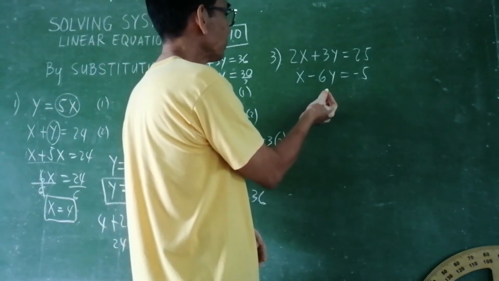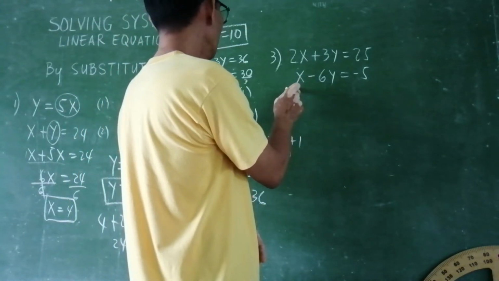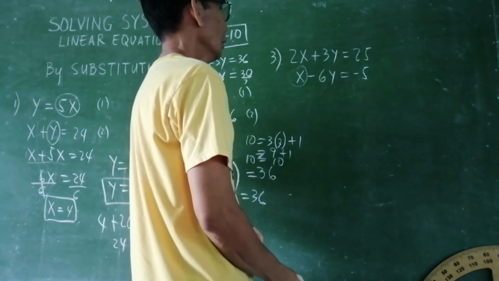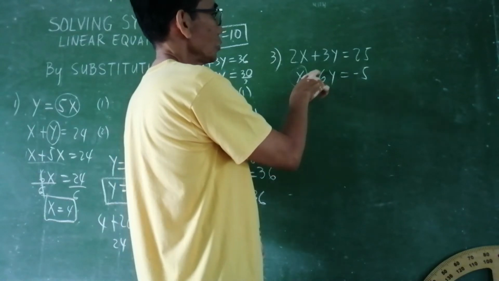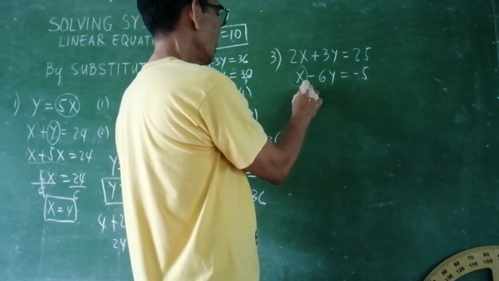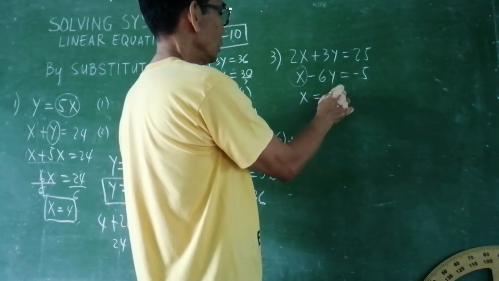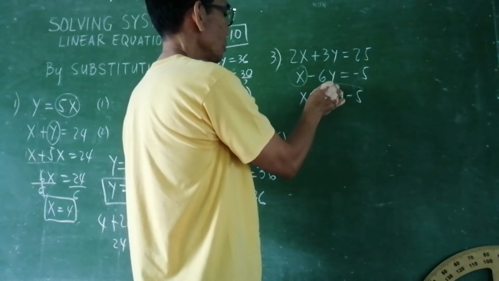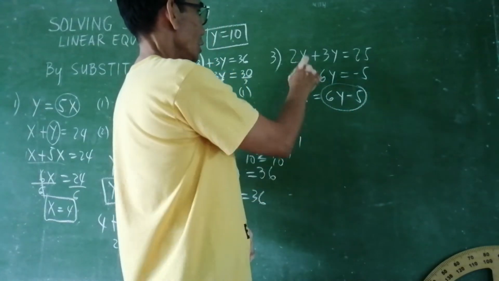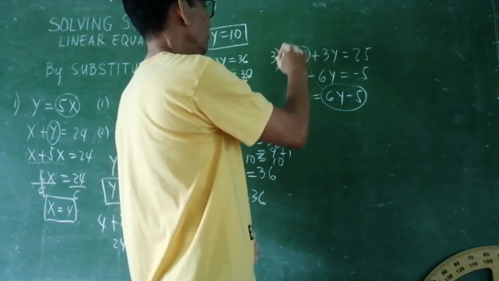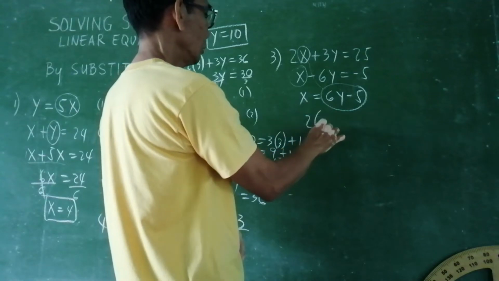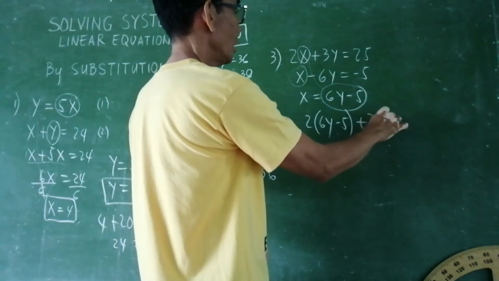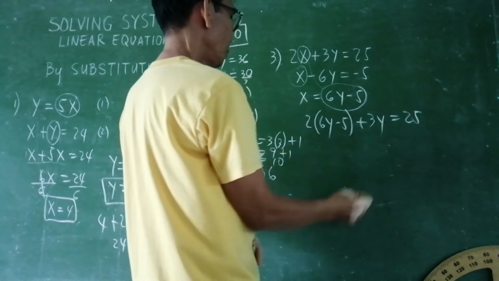For number 3, again this time also we are going to solve for x here. We transpose this to the right side so that x will be equal to 6y minus 5. Now this value here, substitute it here so that it will be 2 times (6y minus 5) plus 3y equals 25.